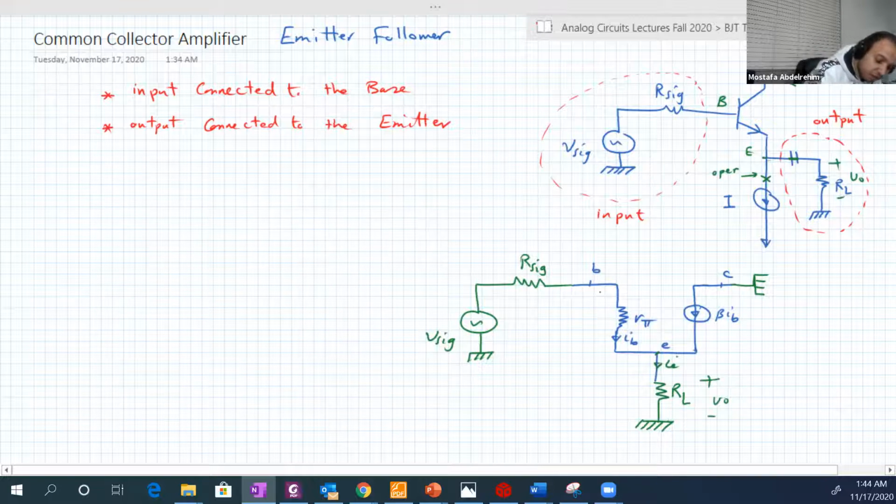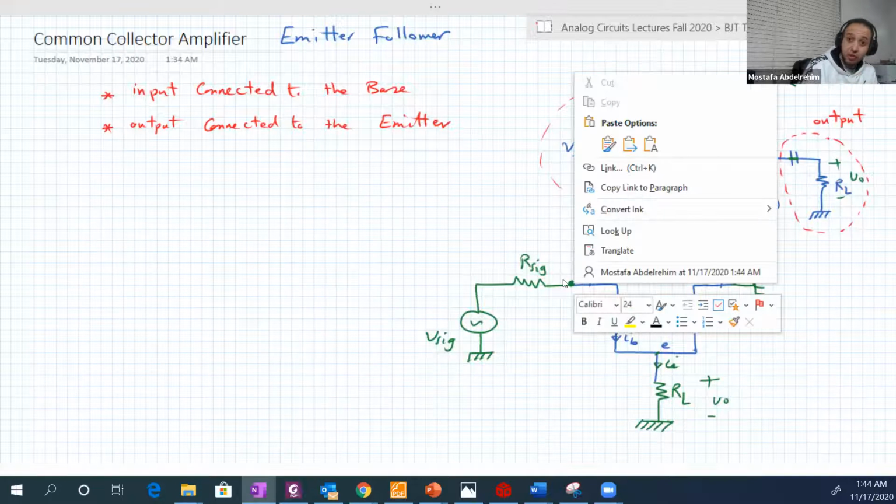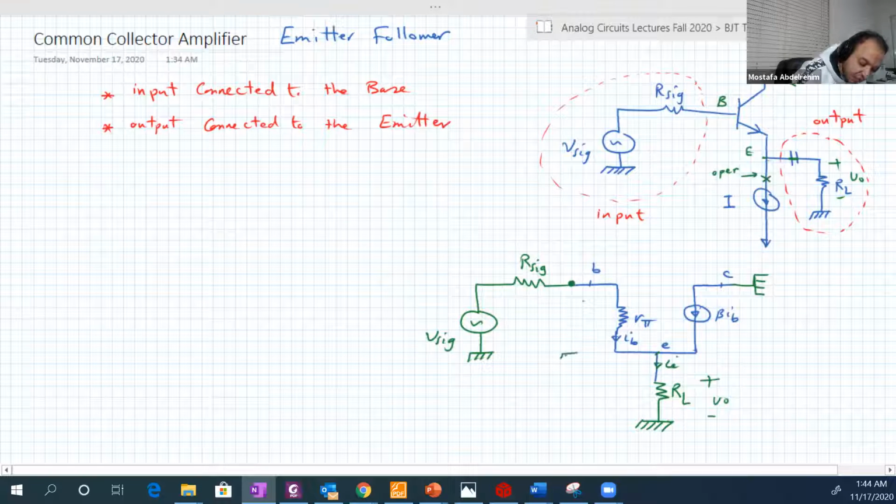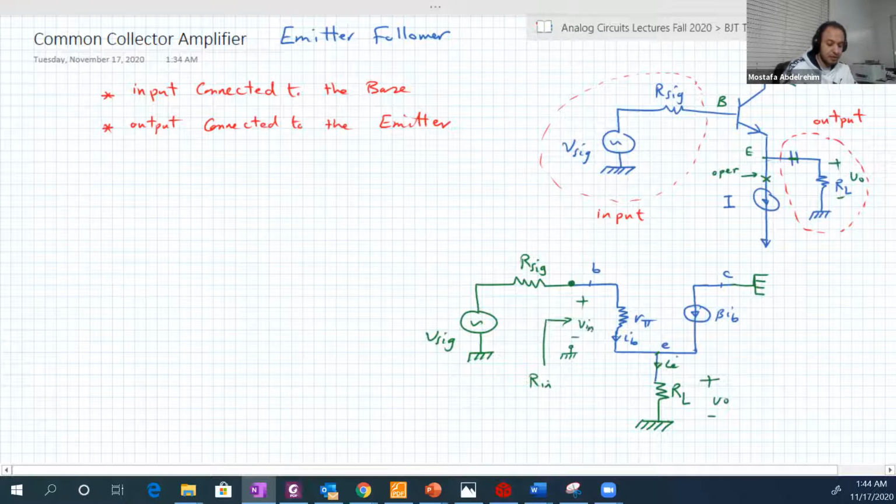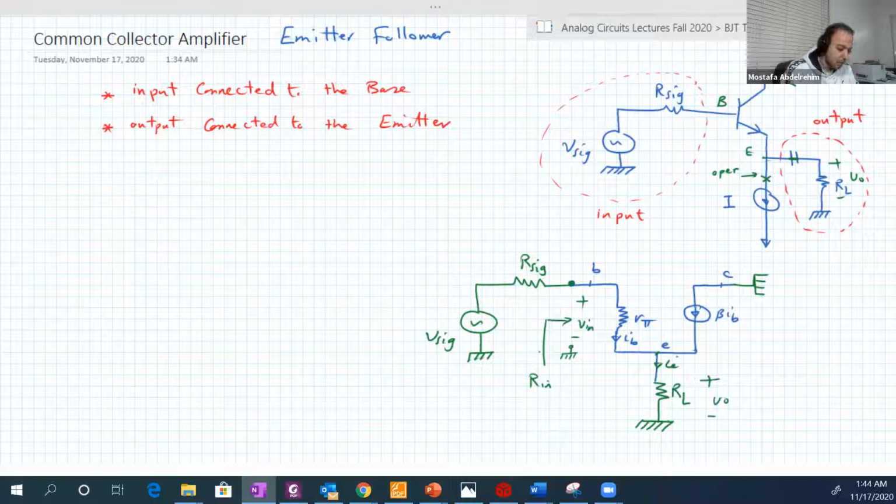And the input is between the terminals of R input, which is between the terminals of the input signal: the base, this point, and the ground.